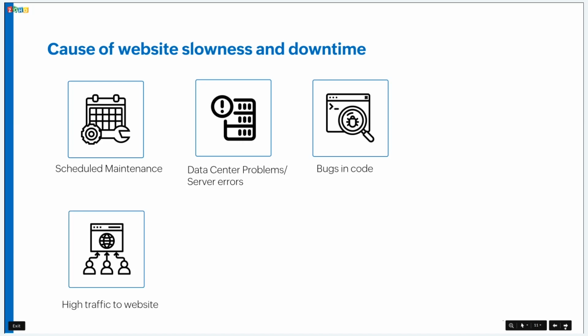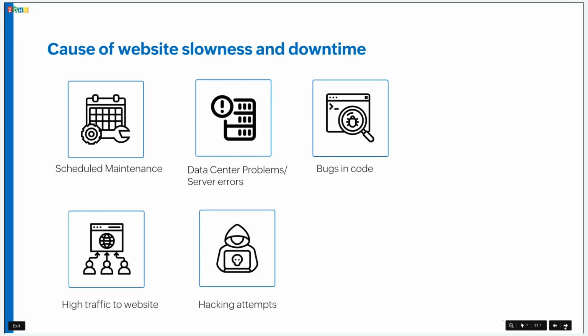High traffic. When high traffic happens, many people are trying to access the website at the same time, so the server will not be able to handle the load. Hacking attempts. Hackers trying to pull off suspicious activities on your site can cause your website to go down or become slow.